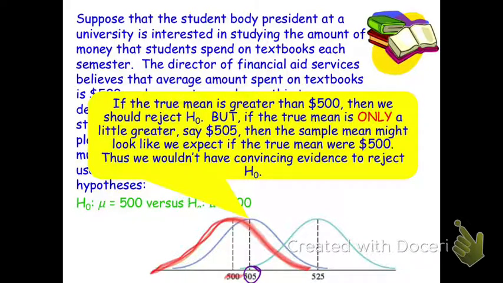But if we got 525, would you expect that there would be enough evidence to reject? Possibly. But would we have a greater chance of rejecting at 505 or 525? 525. So the more difference there is between my null and my alternative, the greater chance I have of rejecting, because it's going to give me more evidence to prove that the 500 is wrong.